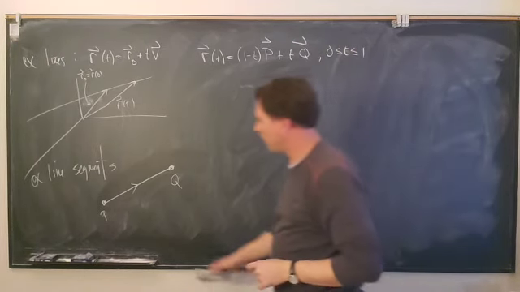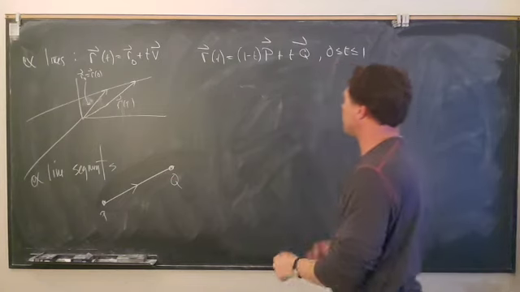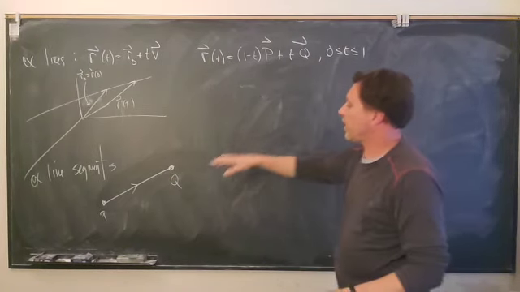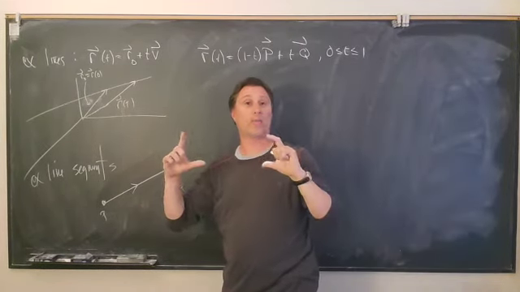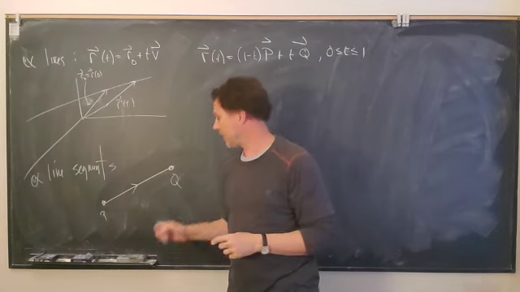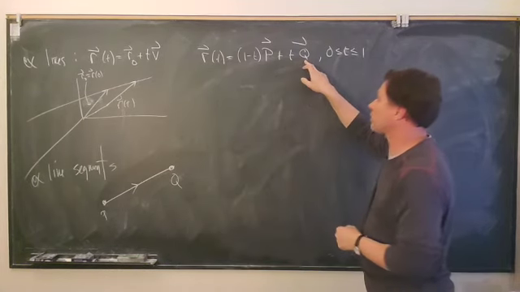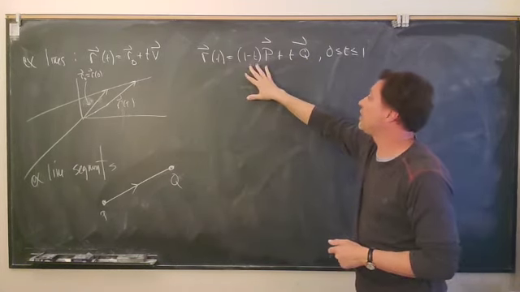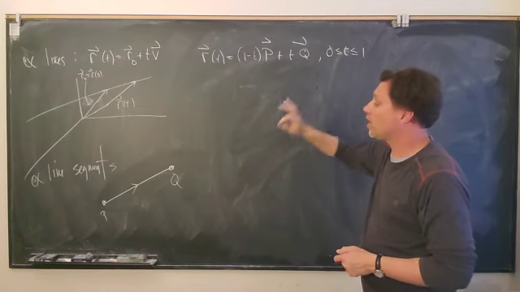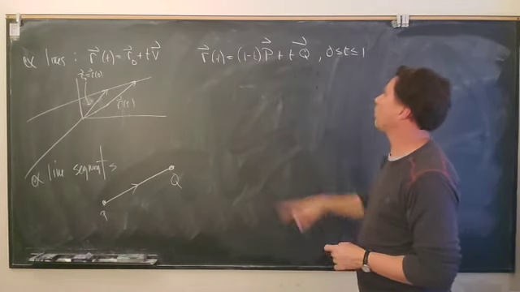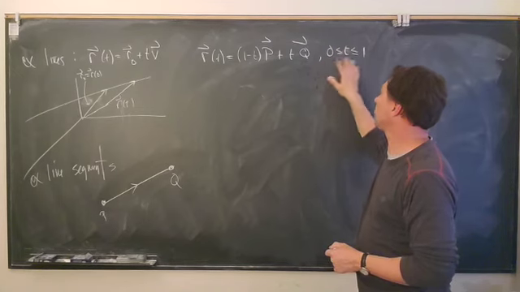This right here is a parameterization of the line segment. What you do is take the point P and put angle brackets around it, writing it as a vector. Same thing with Q. Then this gives us a parameterization of the line segment from P to Q, as long as you keep t going from 0 to 1.